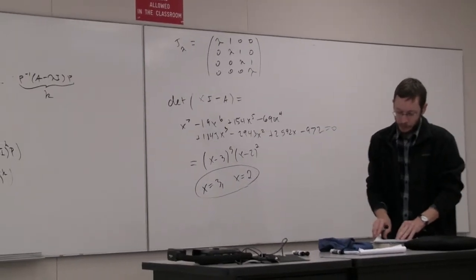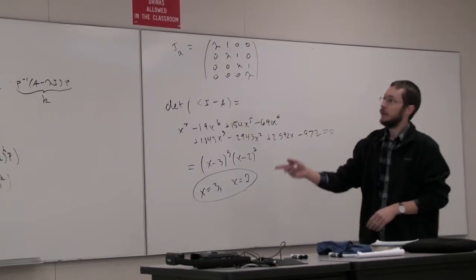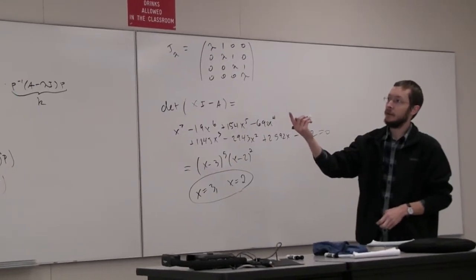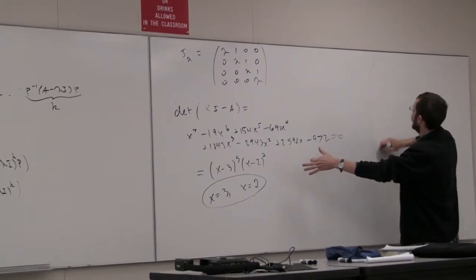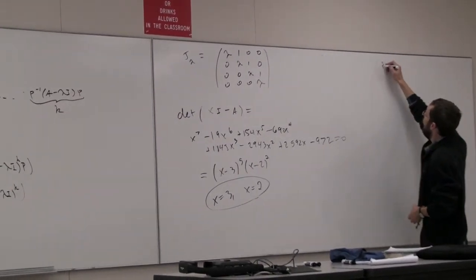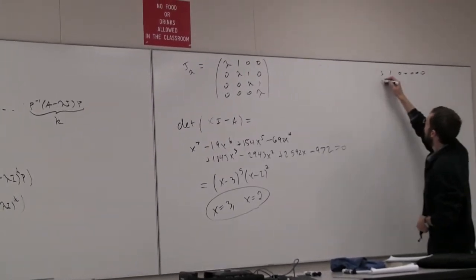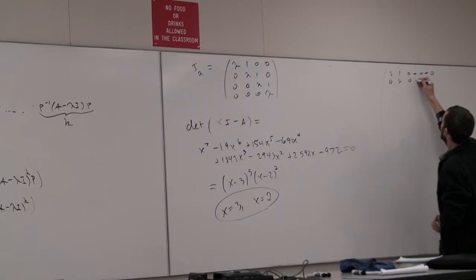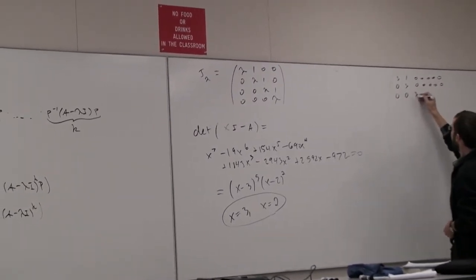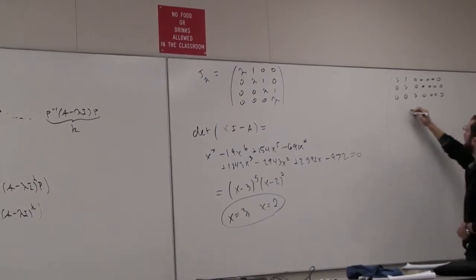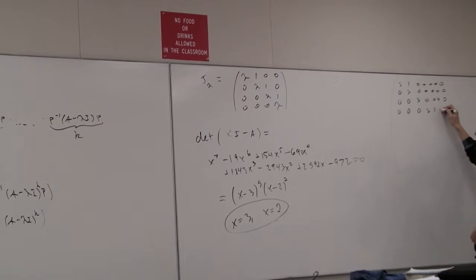But you'll notice that just knowing these eigenvalues is not enough, because that doesn't tell us anything about what the Jordan normal form might look like. For example, just looking at that, we may have a Jordan normal form that had, say, 3, 1, 0, 3, and then 0, 0, 3, and then 0, 0, 0, 3, 1.